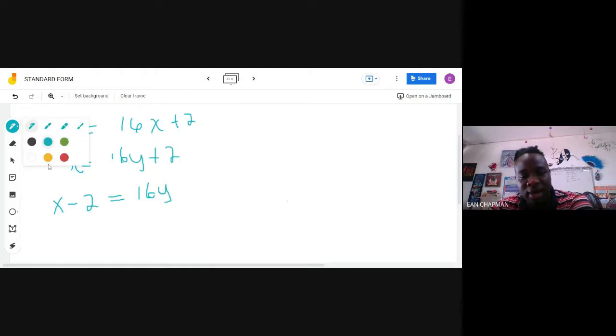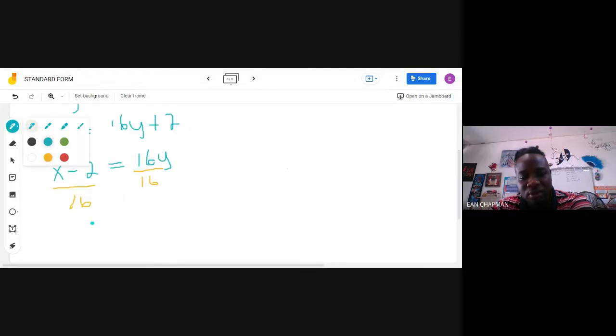And to get y, all we're going to do is divide this side by 16 and divide this side by 16. So our answer would be x minus 2 over 16 is equal to y.